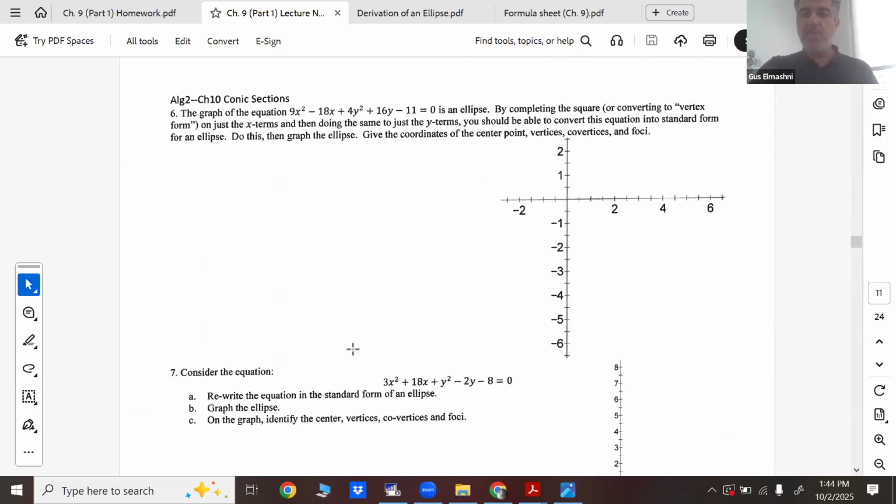And this is completing the square on steroids. Okay, so look here. Actually, not quite on steroids. That's close. You can make this even more challenging. So here's what I'm going to do. I'm going to group the x's like this. I'm going to group the y's like this.